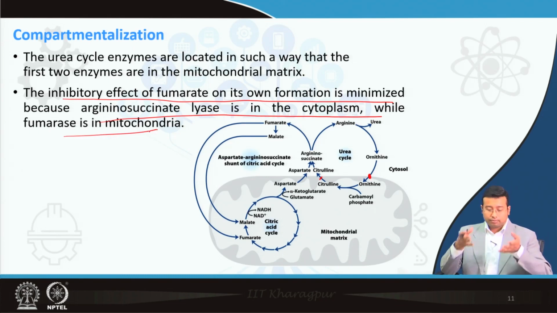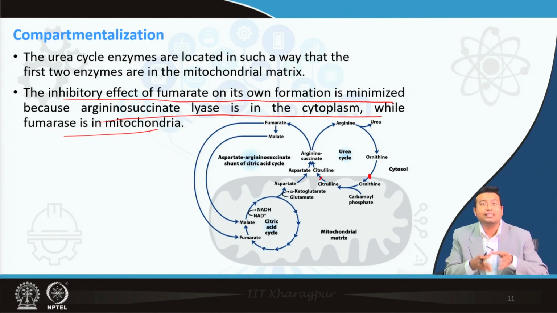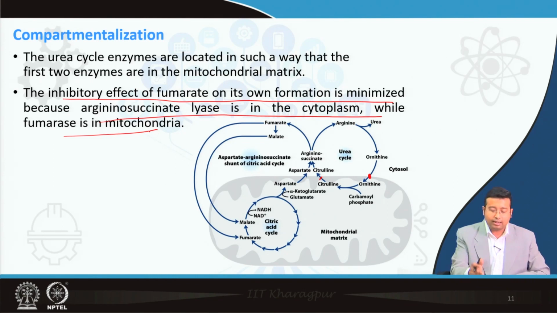So, this separation from fumarase actually helps the cycle to continue, alright. Otherwise, the product would have been feedback inhibited, but it is not inhibited in a feedback manner because the enzyme fumarase is not present alongside it. Fumarase is present in the other compartment, and so when fumarate comes out, it is broken down in the cytoplasm.